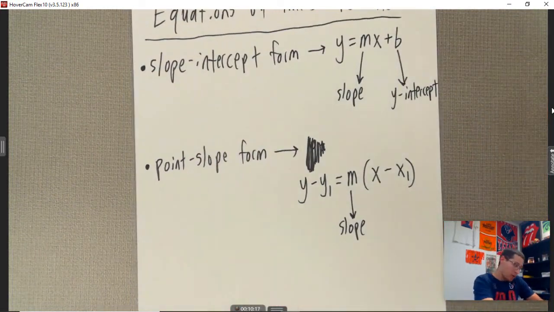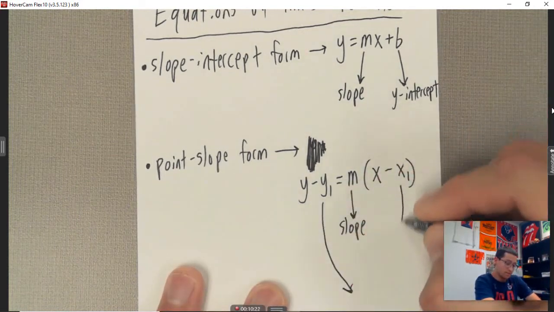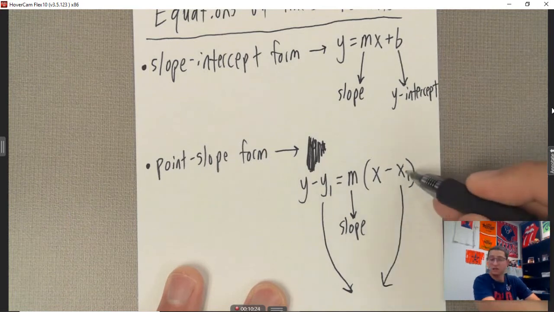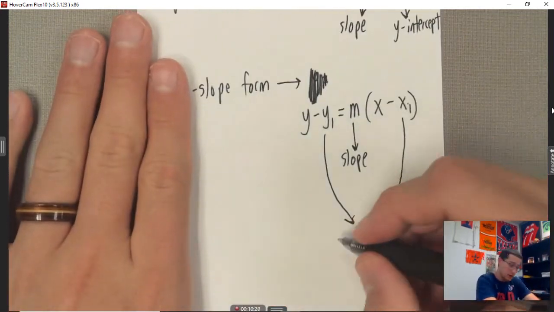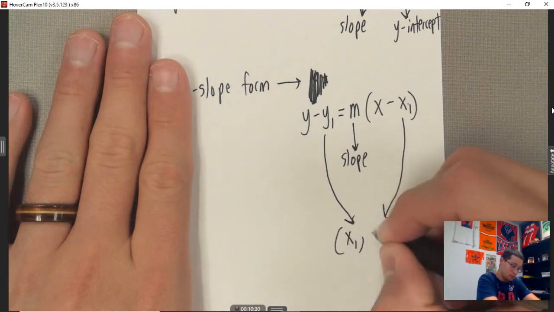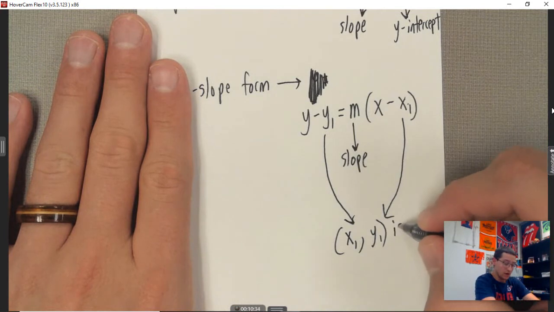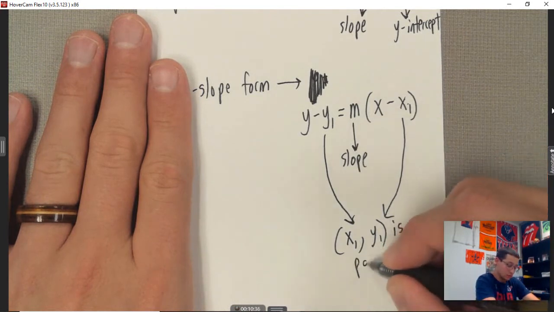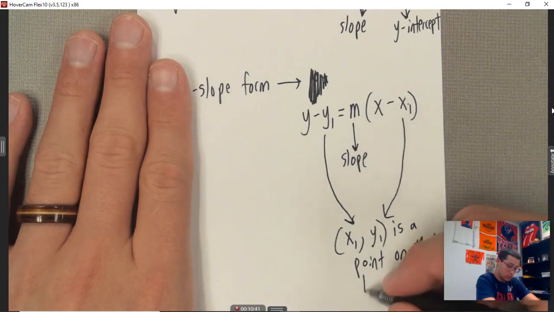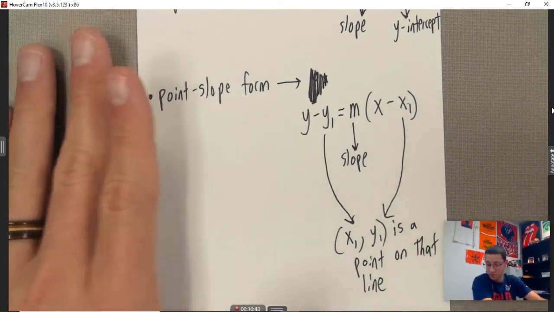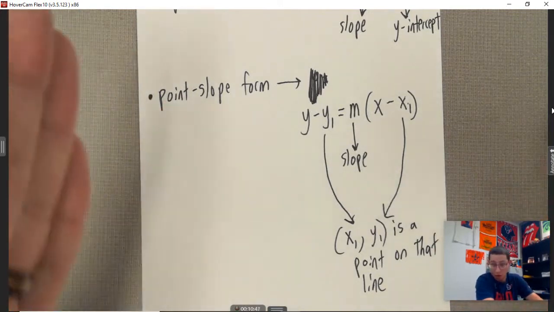Okay, and then the more complicated one, people get a little bit confused with this, is these two pieces right here. x1 and y1, okay? What it is, right, is x1, comma y1, an actual point on that line. It is a specific point on that line.